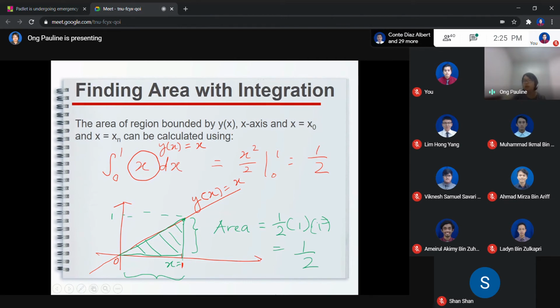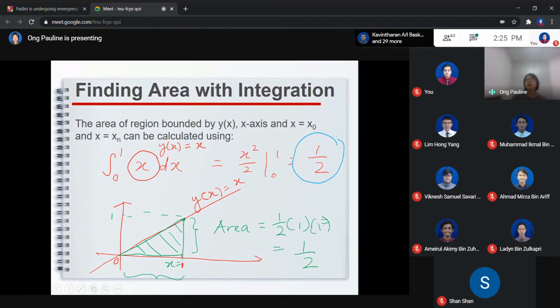Now we can relate the area of the region with the integration. If you integrate x from 0 to 1, you get the answer of 1/2.